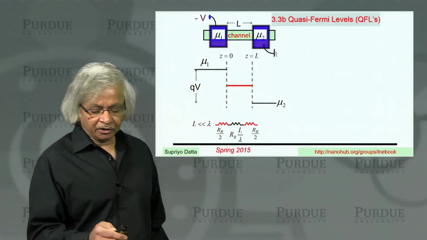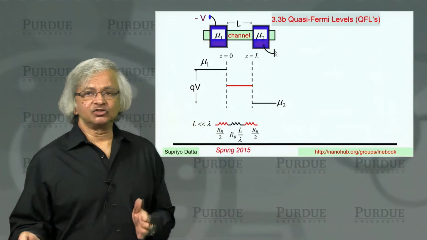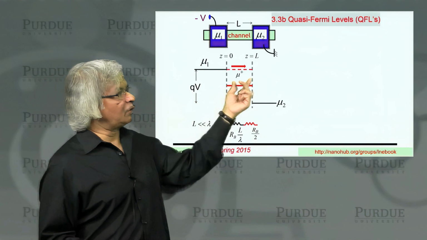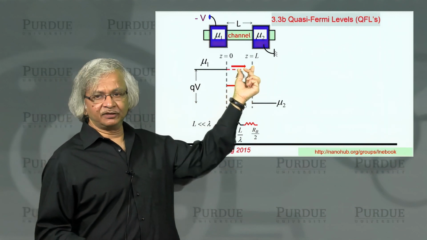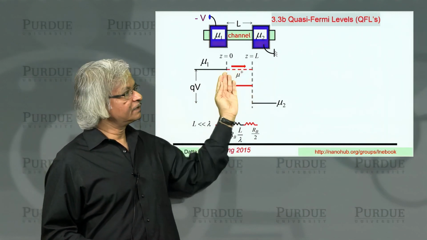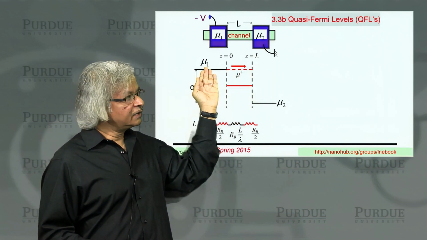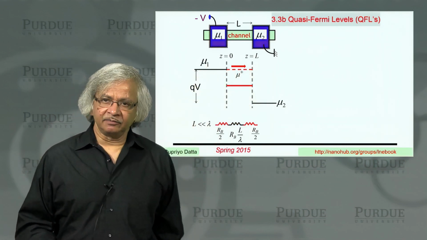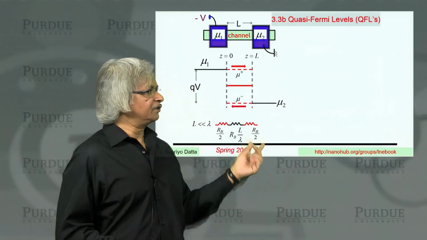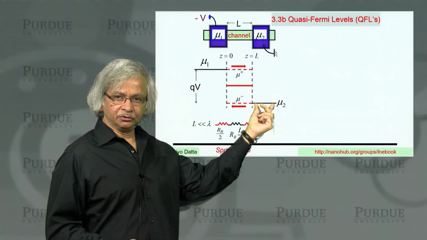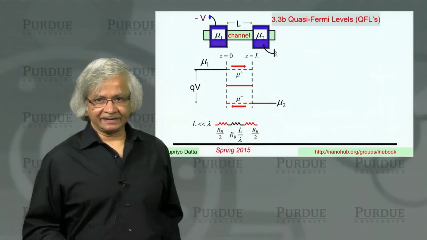Now, what we'd like to argue is that actually there are these 2 separate quasi-Fermi levels. If you looked at the quasi-Fermi level for right-moving electrons, it would be up here, connecting up with mu 1. And if you looked at the quasi-Fermi level for left-moving electrons, it would be down here, lining up with mu 2. The question is, why is that?